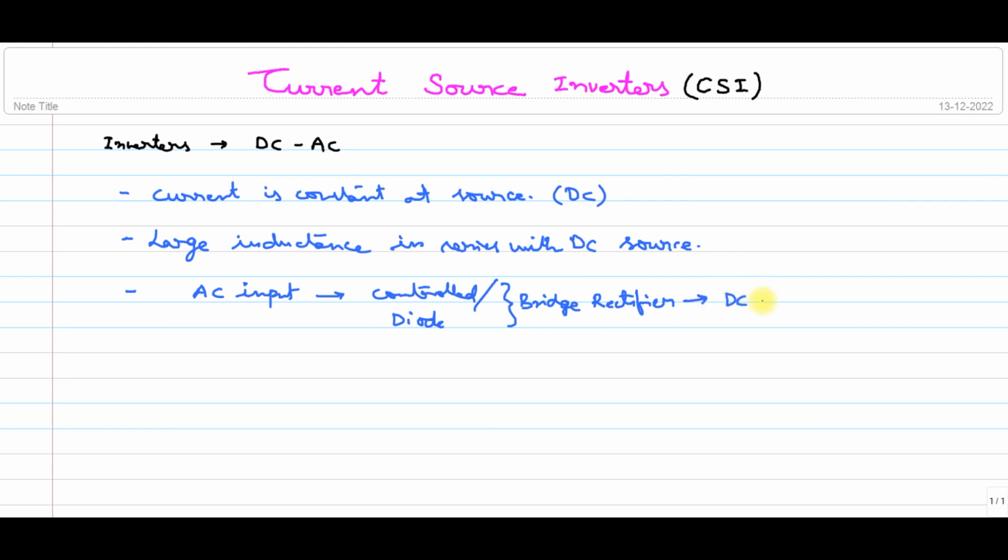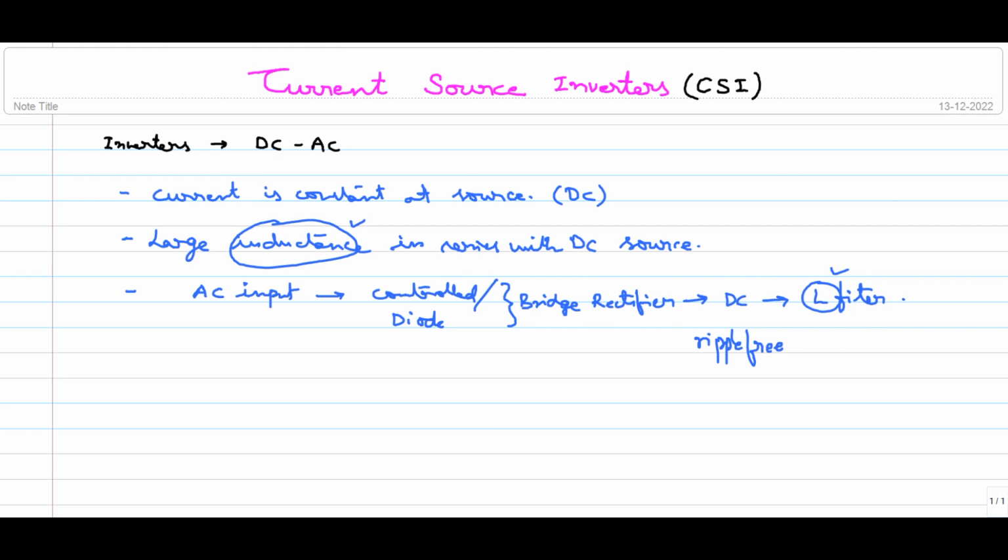How can we make it pure DC? We need to use an L filter, and this L filter resembles this inductance. The L filter and this inductance are the same, so we need to keep this inductance as large as possible to make the current constant. This is the simple concept. We use the L filter to make the current ripple free.